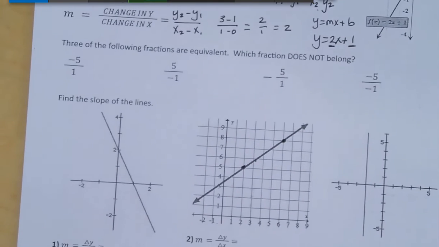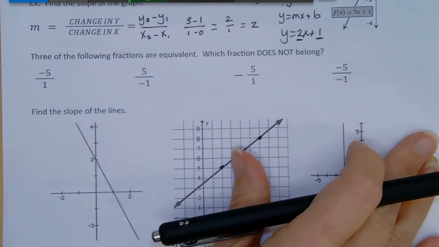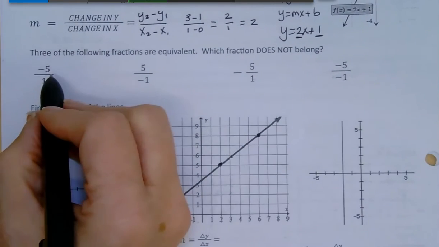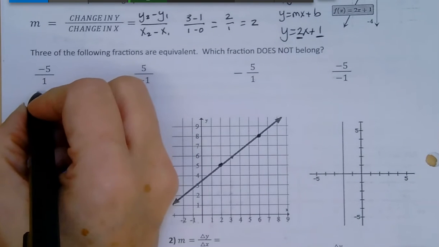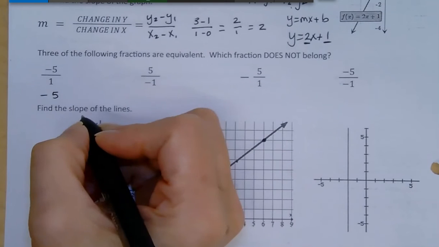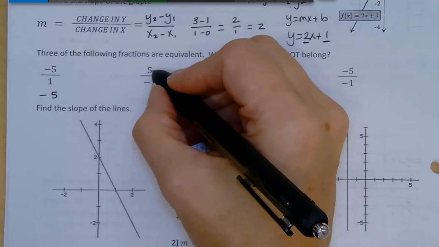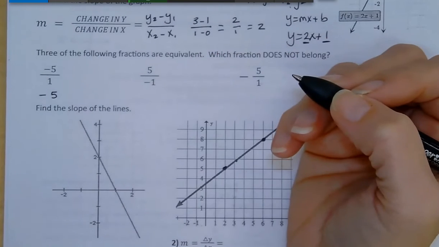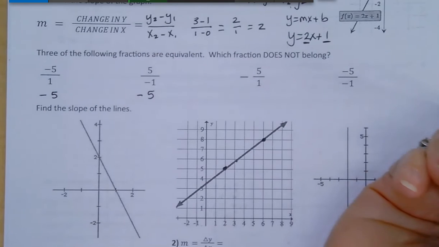All right. So just a quick reminder about negatives in fractions. If you were to do this math, negative 5 divided by 1 on your calculator, negative 5 divided by 1 is negative 5. I have my negative sign in the numerator. If I do this math, 5 divided by negative 1 in my calculator is also negative 5. These are equal to each other.